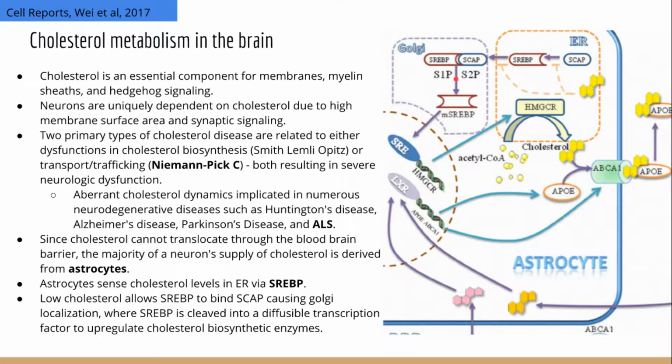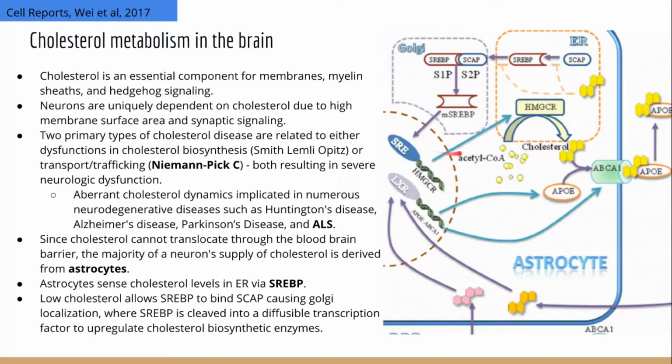When SCAP-SREBP arrives in the Golgi, it is then cleaved by resident proteases, S1P, S2P, and this releases the SREBP transcription factor into the cytosol, and it then translocates to the nucleus and activates genes required for cholesterol biogenesis.